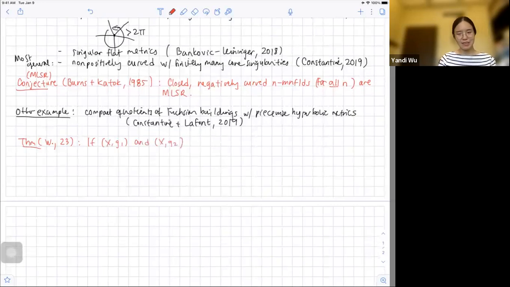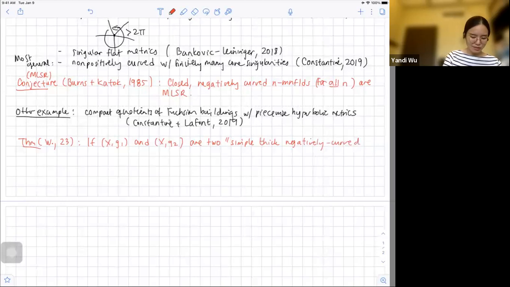So if X_G1 and X_G2 are two simple, thick, negatively curved Riemannian surface amalgams, which I'll explain very soon, with the same Marked length spectrum.